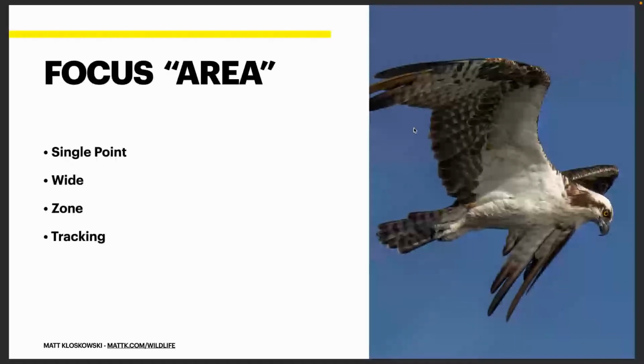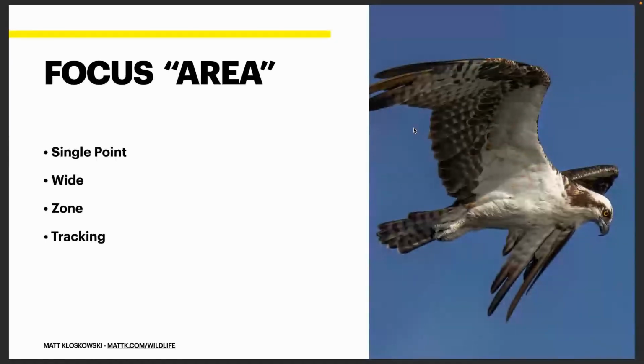So then we start moving into a zone or a wide type of situation. A lot of cameras have a tracking mode as well. Sony has a tracking mode, which essentially says, if I'm in a zone and it locks focus on something, and it goes out of the zone, continue tracking it. That's all tracking mode really means.